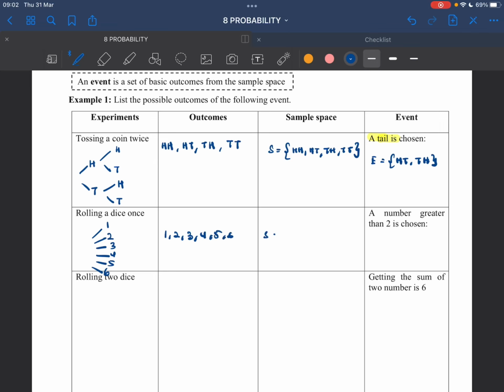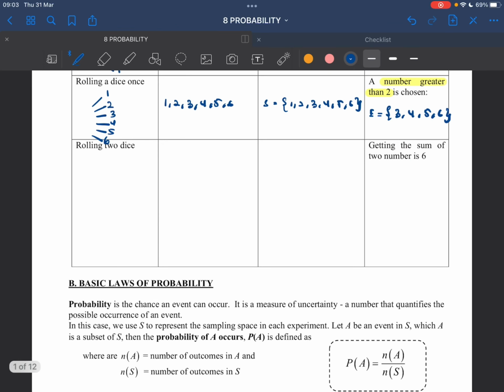The sample space is just we put them in curly brackets: 1, 2, 3, 4, 5, 6. And here the event is a number greater than 2 is chosen, so that will be 3, 4, 5, 6. Those are all the differences between outcome, sample space, and event. Make sure you know the difference.